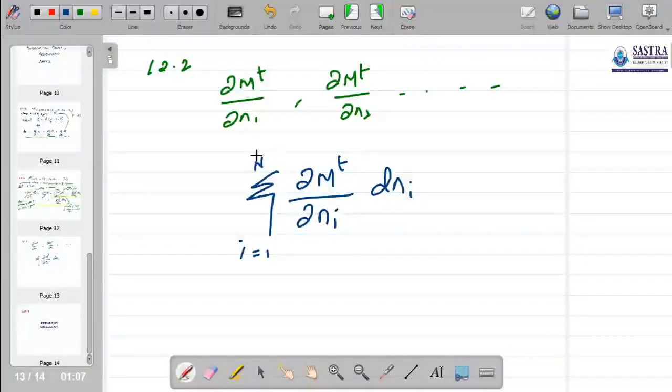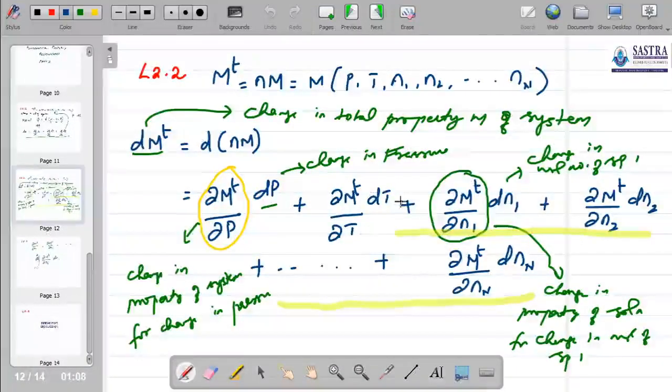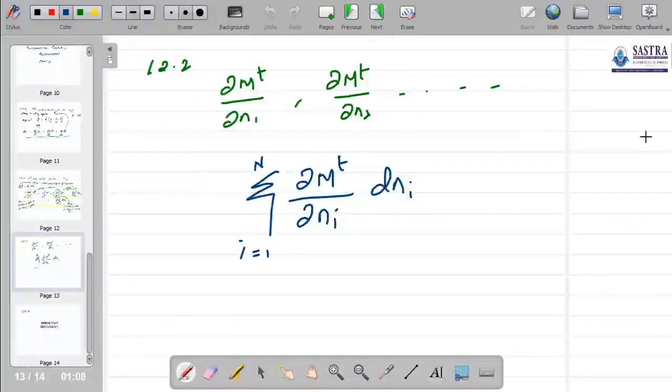So this is how we can represent in general all these terms that we see here. If you carefully see all these summation terms, they are almost similar, so we can collectively represent them as this.